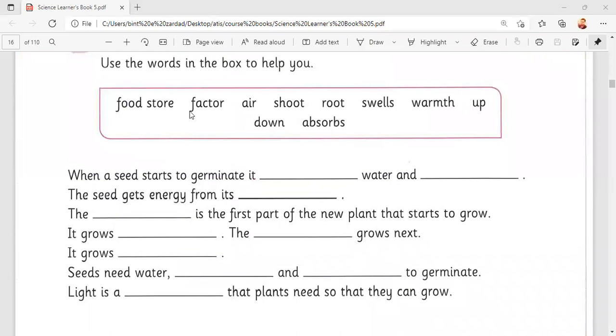We have different words: food store, factor, air, shoot, root, swell, warmth, up, down, absorb. When a seed starts to germinate, it absorbs water.